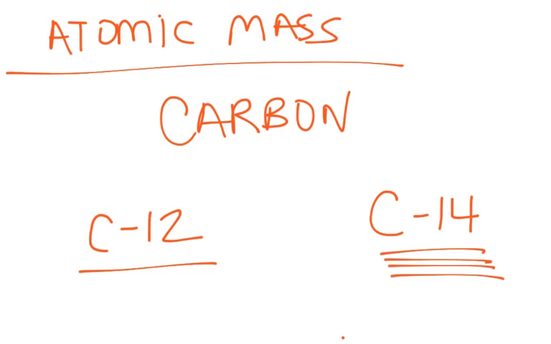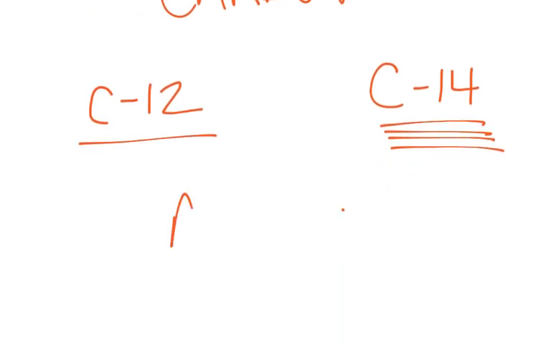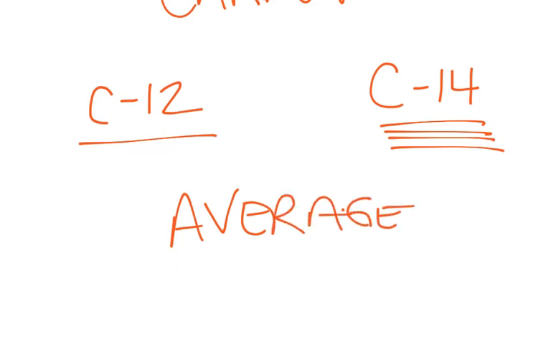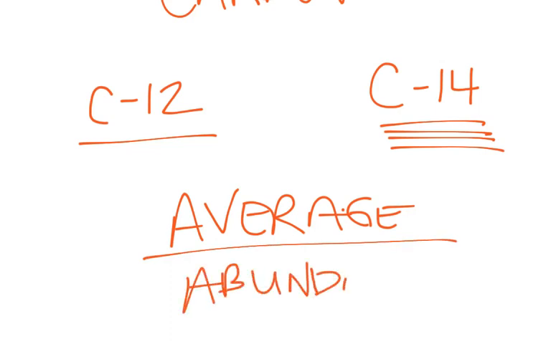So the way that scientists have devised to do this is they actually just use an average. But it's not a 50-50 average. It's based on the abundance of these things in nature, meaning how much of each of these are there, okay? And we use a special unit called an atomic mass unit.